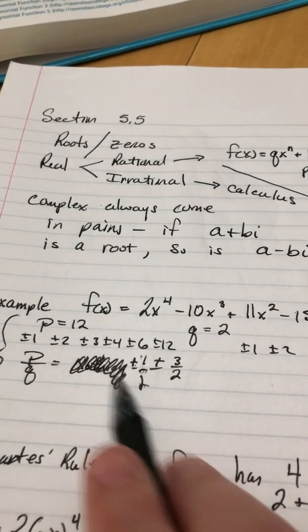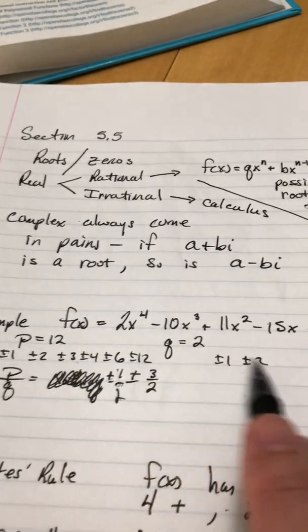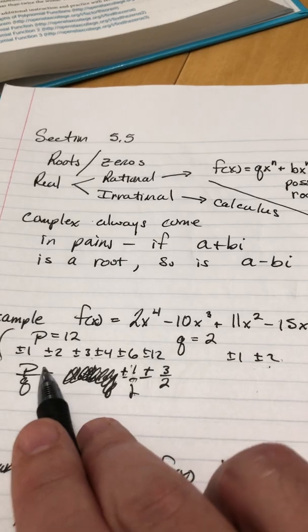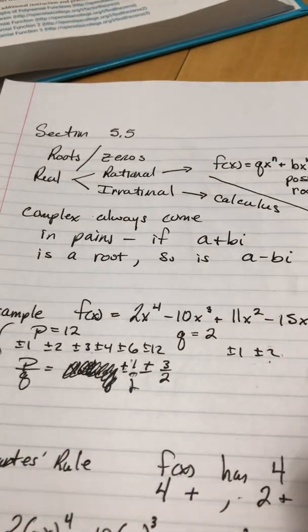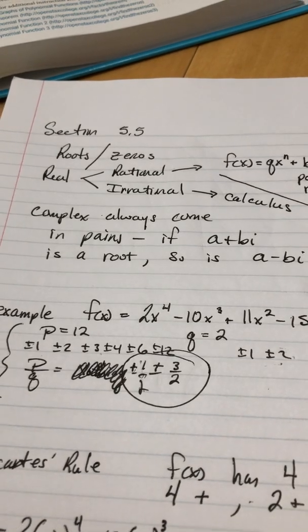That's a new one. If I put 2 over 2, that's nothing new, it's just 1. 3 over 2, we get plus or minus 3 over 2. 4 over 2 is just 2, and 6 over 2 is just 3. So these are the new ones generated from the p over the q.